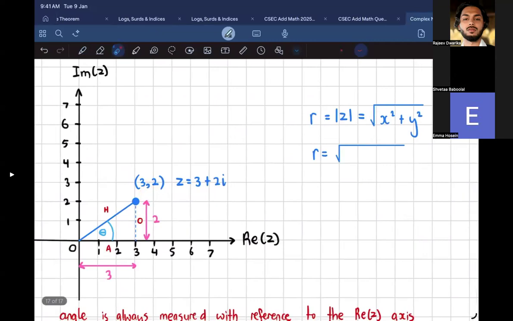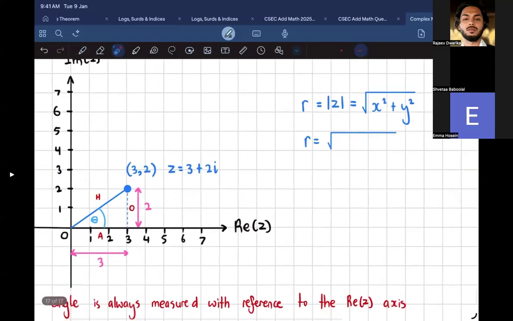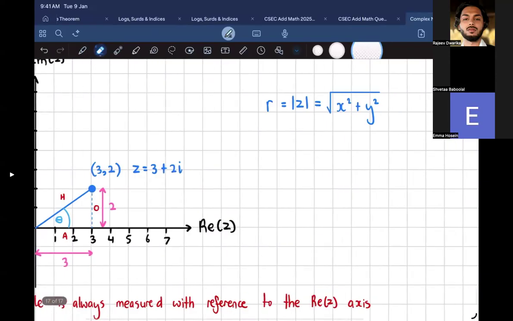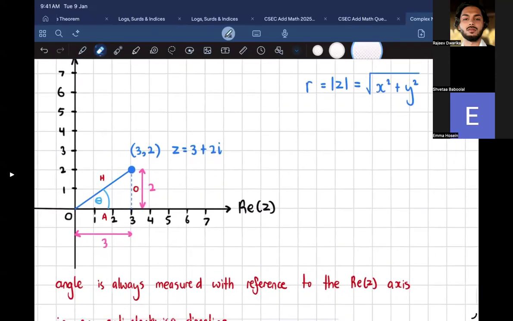I feel like you're overthinking it. This is a right angle triangle, and we have this length and this length. So in that case, h squared will be equal to 2 squared plus 3 squared. And to find h would just be the square root of 2 squared plus 3 squared.